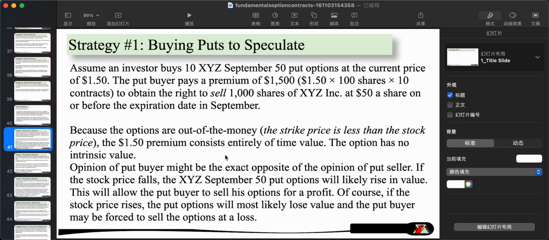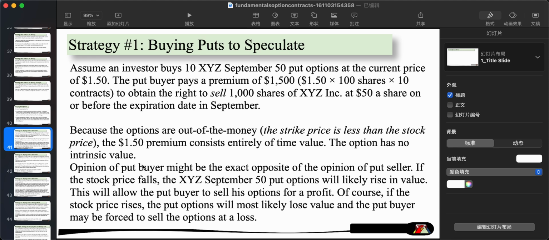The put buyer pays a premium of $1,500, which is 1.5 times 100 shares times 10 contracts, to attain the right to sell 1,000 shares of XYZ at $50 a share on or before the expiration date in September. Because the options are out of the money, the strike price is less than the stock price.